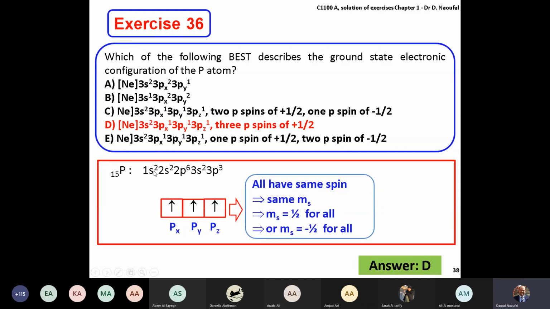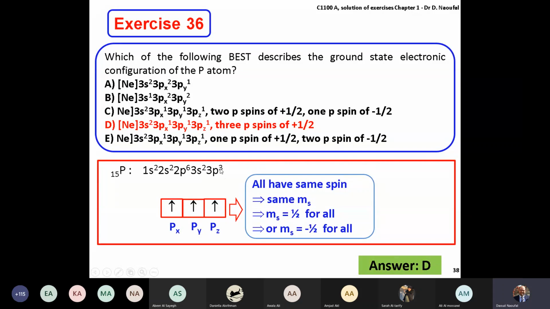So we have 10 core electrons from 1s2 to 2p6, identical to the electronic configuration of neon. So the abbreviated electronic configuration is P: neon, 3s2, 3p3.